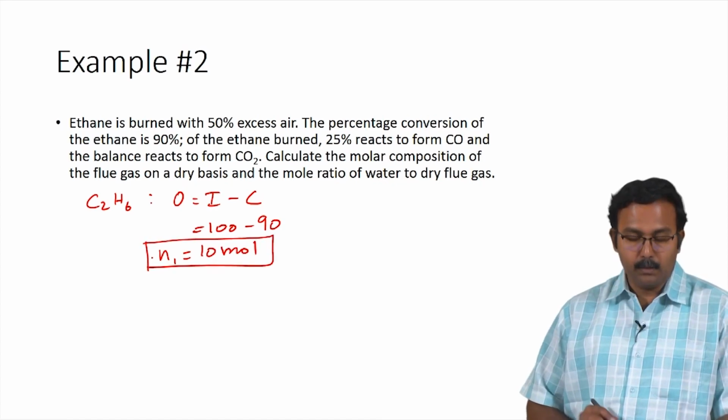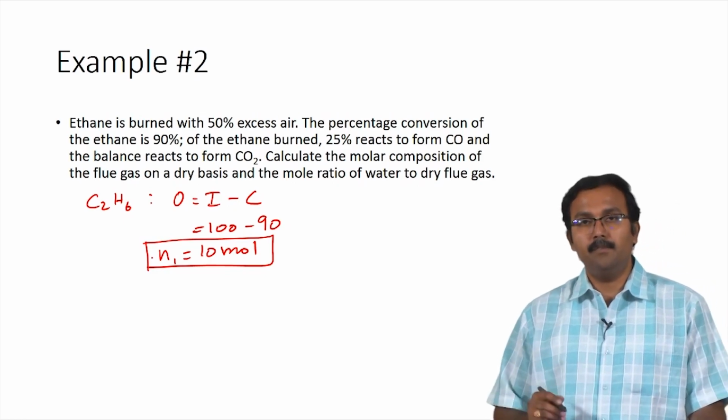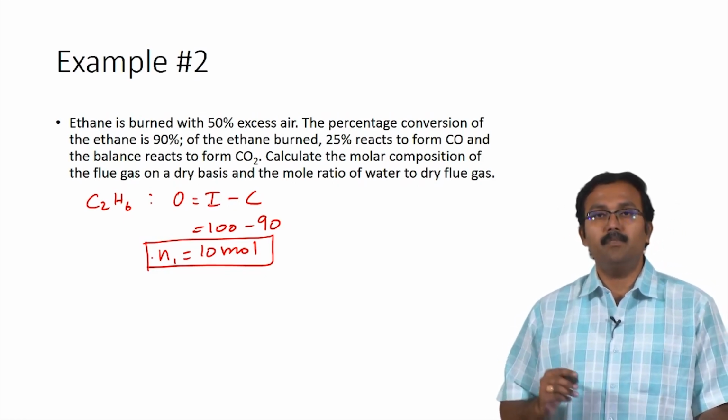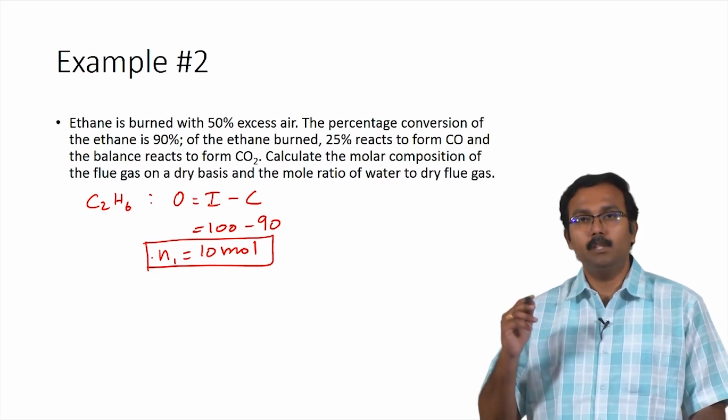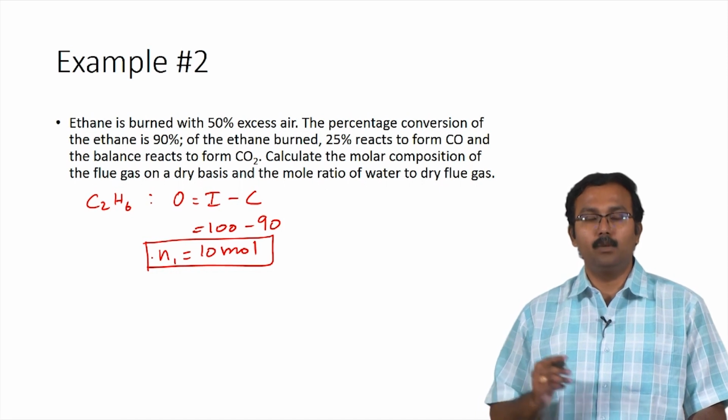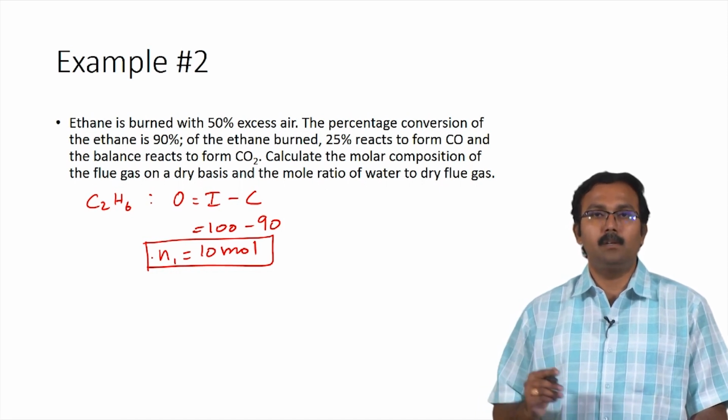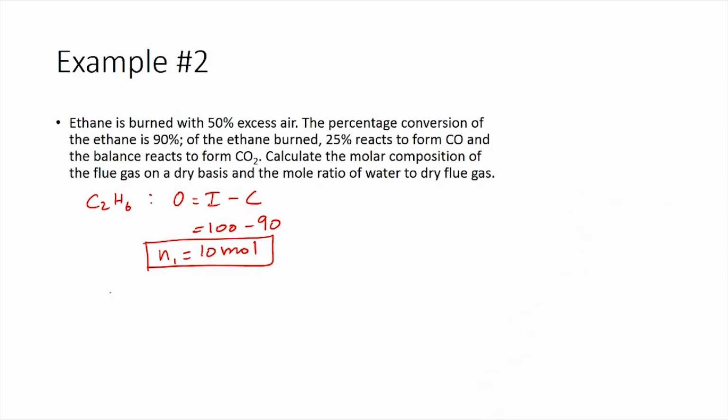If we use the other information which has been given, that is 25% of the ethane that is consumed goes into carbon monoxide and the rest goes into carbon dioxide, we will be able to calculate how much ethane went into the carbon monoxide reaction and how much went into the carbon dioxide reaction. If we write a balance equation for carbon monoxide, it would be output equals generation, and the generation would be based on the stoichiometry of partial combustion.